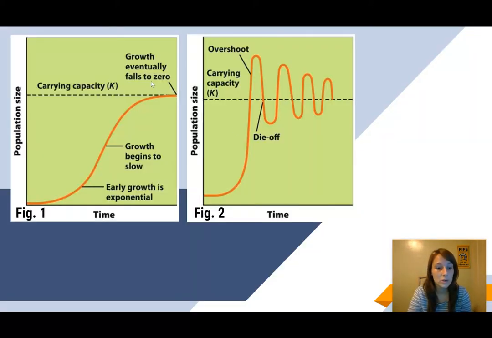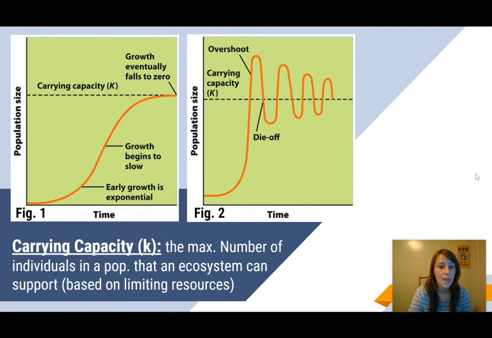So these are going to be graphs that you will typically see when we talk about carrying capacity. And you will notice that carrying capacity has a little K behind it, and that's because carrying capacity is denoted by the K. That's what K represents.